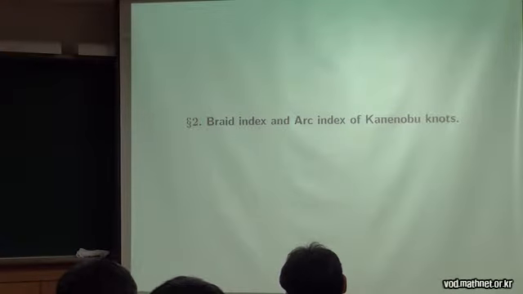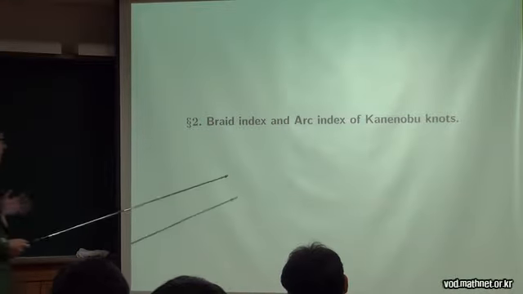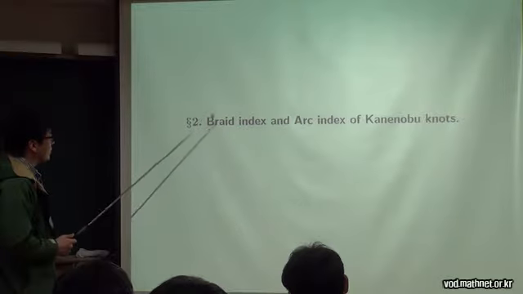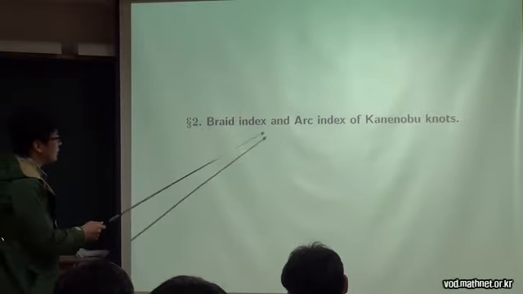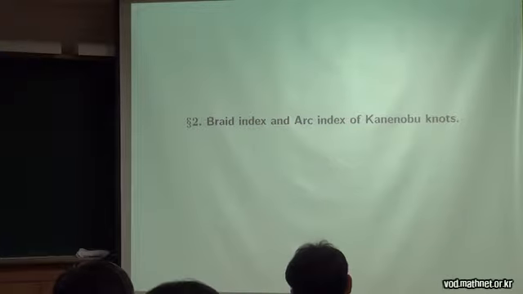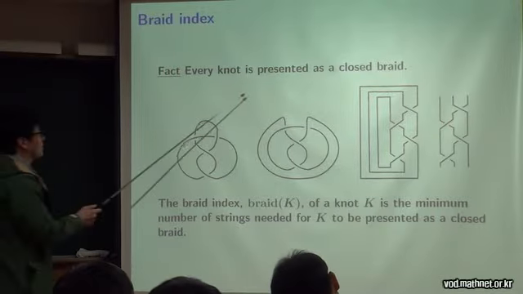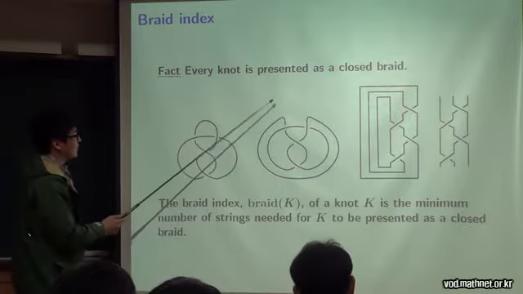In the next section, by applying the 2Q cable gamma polynomial, we give a sharper lower bound of the braid index and arc index of Kanenobu knots. First, we review the braid index. Every knot is presented as a closed braid.